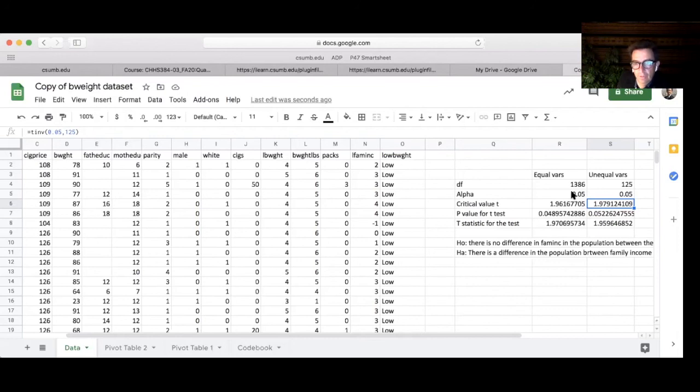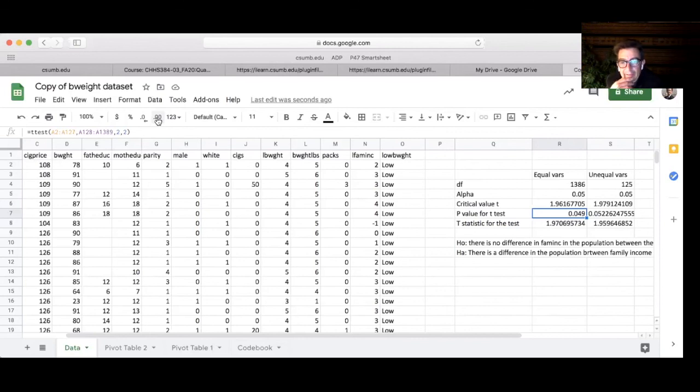right? So assuming equal variances, our p-value is, wow, it's almost 0.5, right? I mean, if we round this, it is actually 0.5. But it's a little smaller than 0.5. So in theory, we could reject this, right?